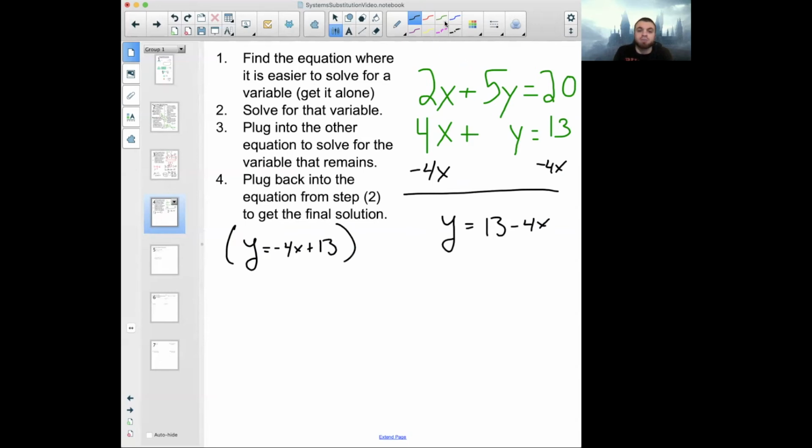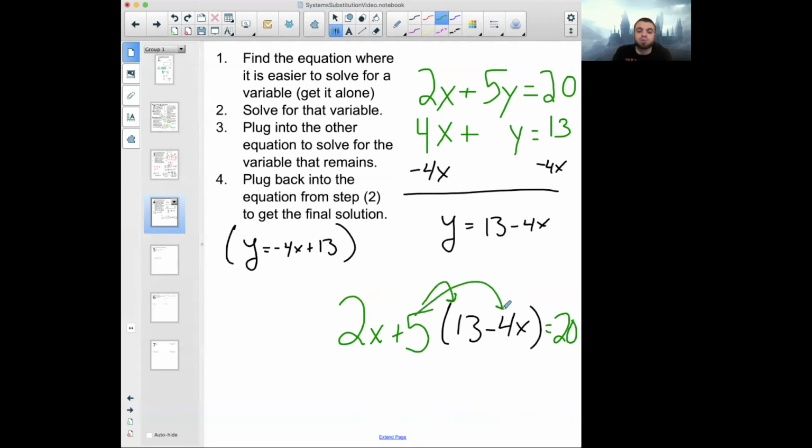All right, now up top, here's what we have. If that's true, then let's see what we get. 2x plus 5, and now, instead of writing y, I'm going to write 13 minus 4x, equal to 20. Okay, now I'm going to distribute.